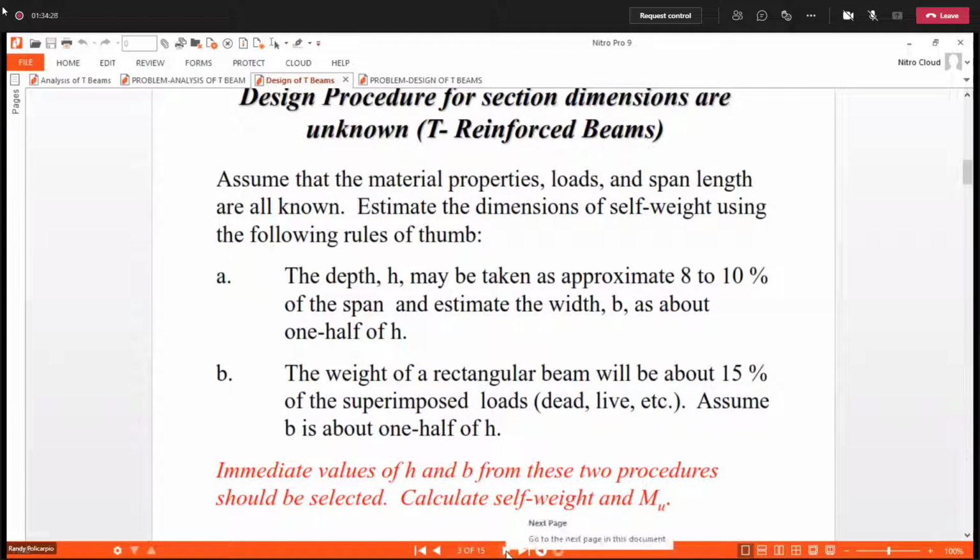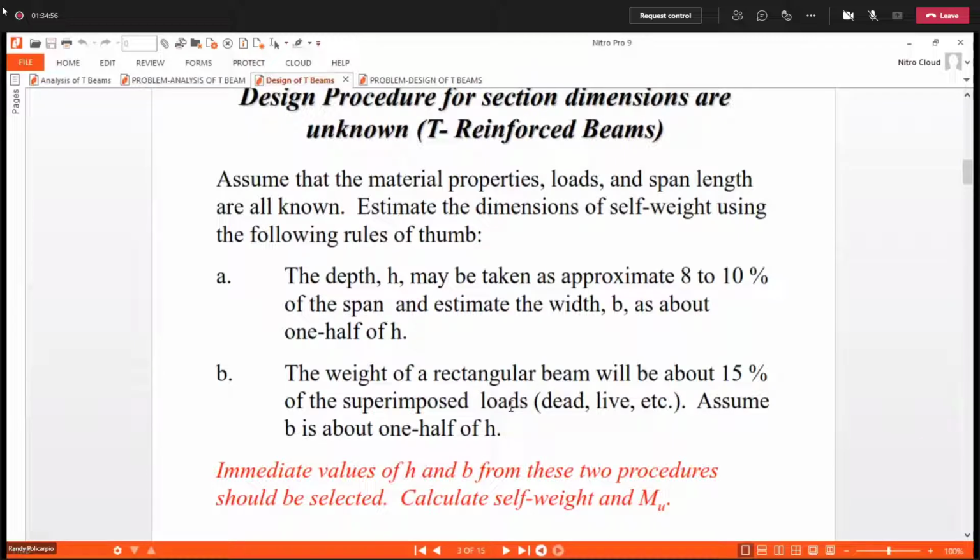So yun, no? So pag nakakuha ka ng dimension, kunin mo yung self weight niya, i-check mo ngayon dito sa weight, no? Kailangan daw, no? Nasa 15% of the superimposed. Yung superimposed load, ito yung dead load mo tsaka live load mo, no? Aside from the self weight of the beam, which is considered as dead load.